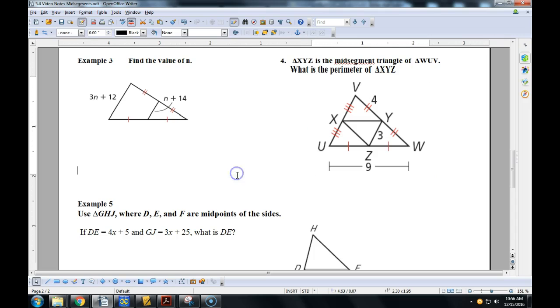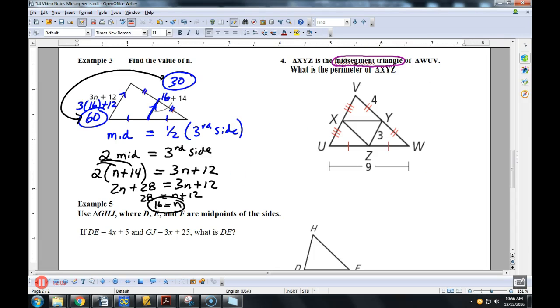There we go. Now I got some room to work. So if this side's 9, the side parallel to it is half. That's 4.5. This side we have already. That's 3, which means this side over here is 6.